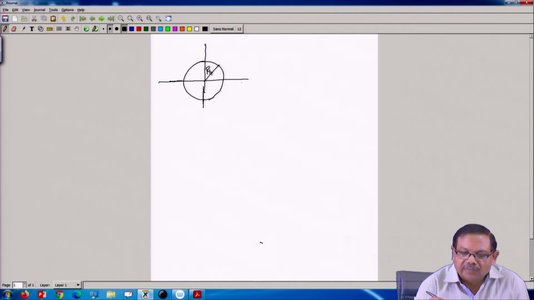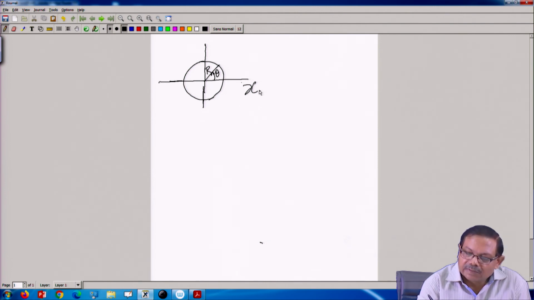Radius of the circle is r and this angle is theta. This is my x axis which I call x1, this is my y axis which I call x2.